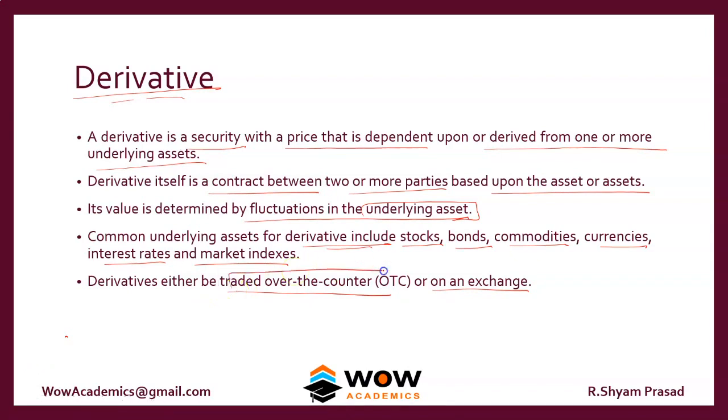Over the counter traded instruments are informal contracts on the basis of direct dealing, where one company approaches a broker and the broker approaches another company. So there is only an intermediary between the two companies, and the contract is directly between the two companies. But in an exchange, the buyer will not know the seller directly.